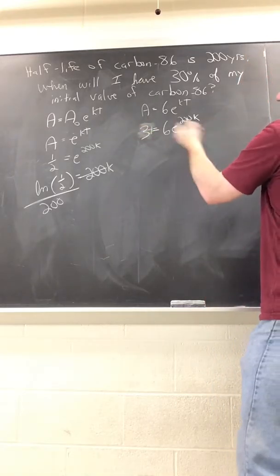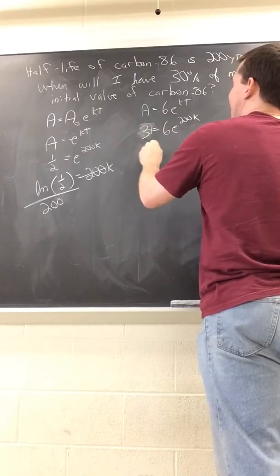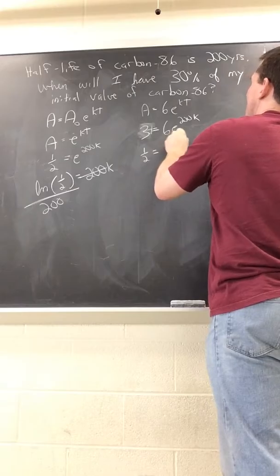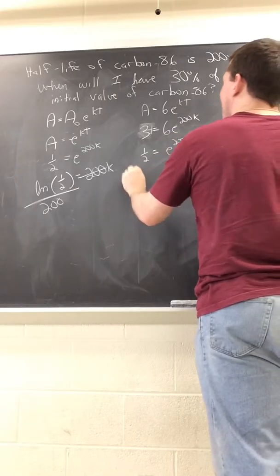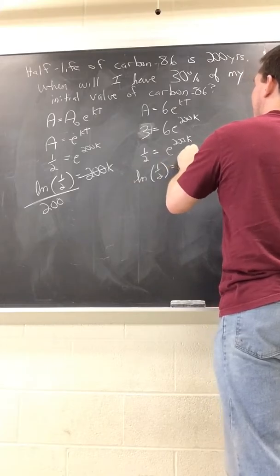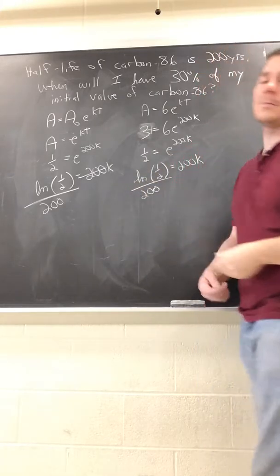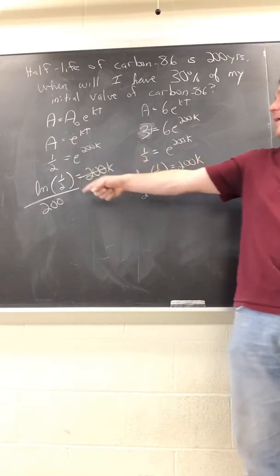And now to solve for k, I divide by 6. You get 3 over 6, which is 1/2, equals e to the 200k. ln of both sides: ln of 1/2 equals 200k. And then divide by 200, which is exactly what we got right here.